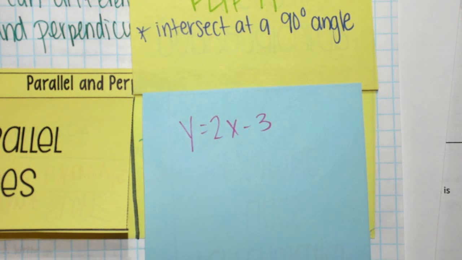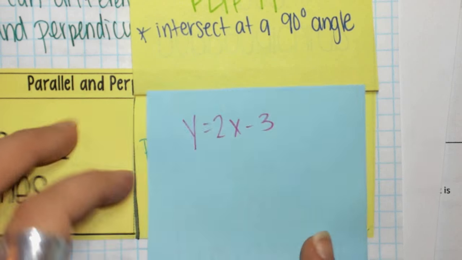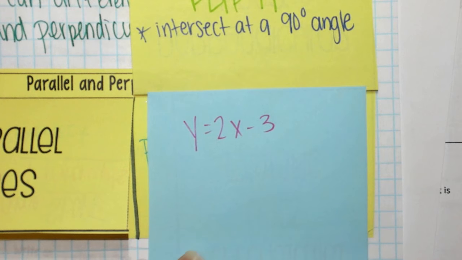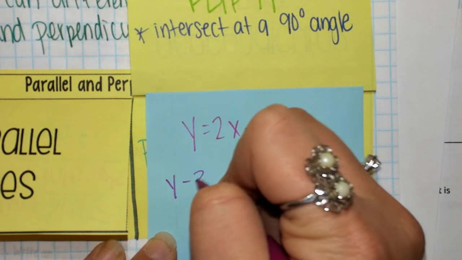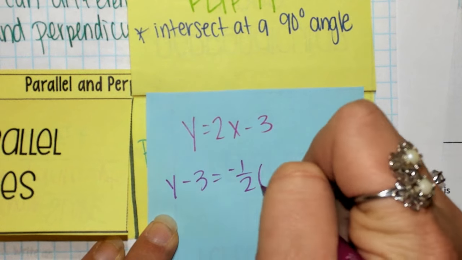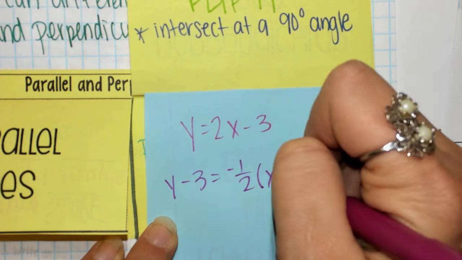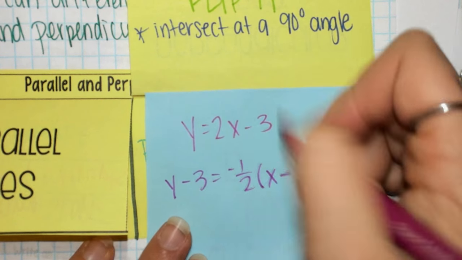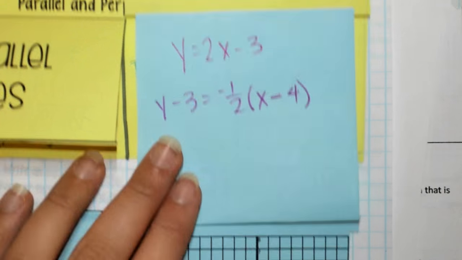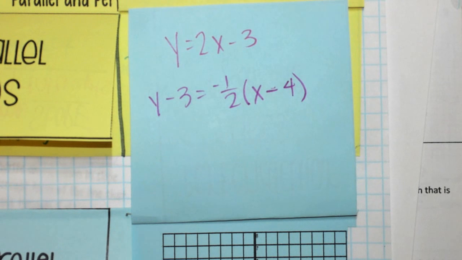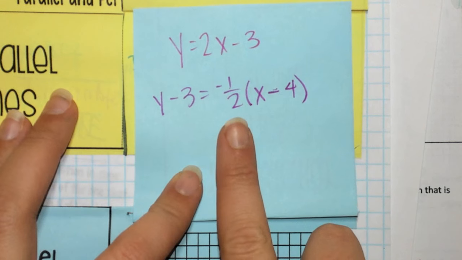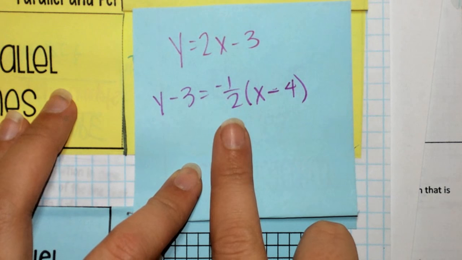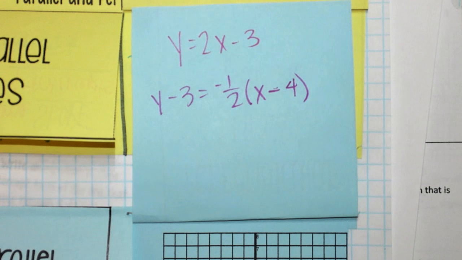Our second equation was, what was it? y minus 3 equals negative 1/2 times x minus 4. Okay. So, I want to see if you guys can convert this to slope-intercept form. What would you do? Distribute.